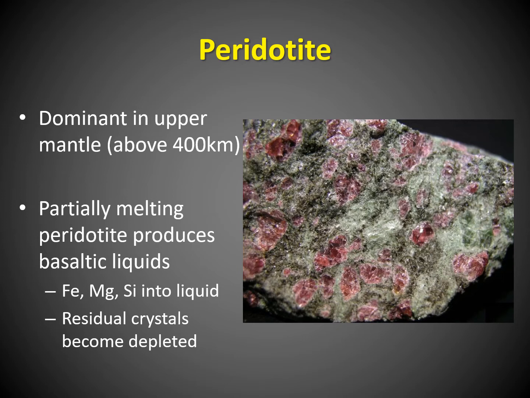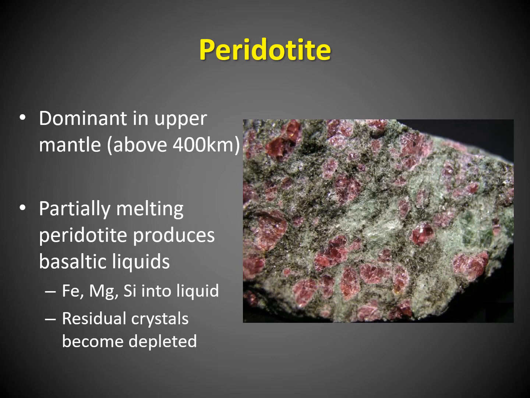And we can see with these phase diagrams that when you first start melting material, you get something very different than the material itself. And we know that the very first melt that comes off is really rich in iron, magnesium, and silica.